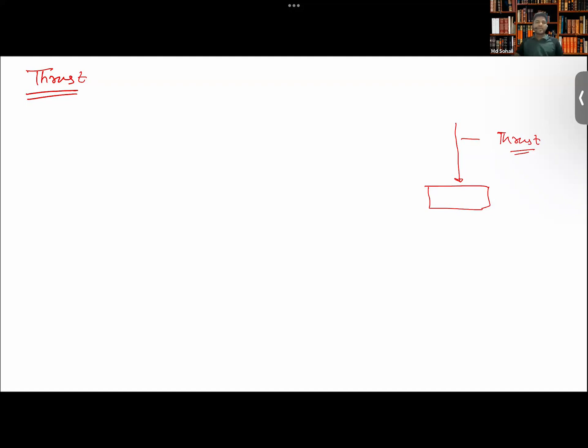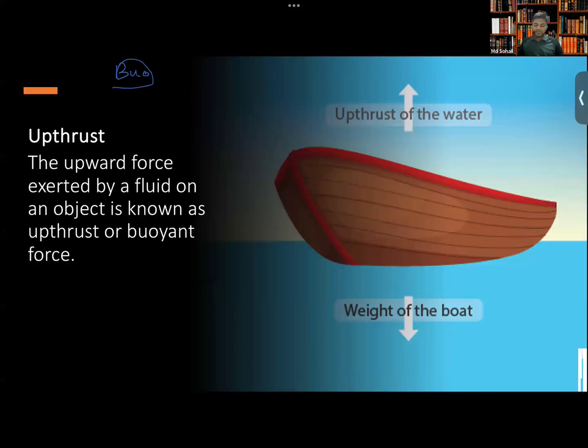So there are some reactionary forces also. For example, this boat is able to float on the water. Why is it so? Because there's a reactionary force acting on this boat here. Whenever an object is immersed in the water, an equal amount of force acts upon the body.